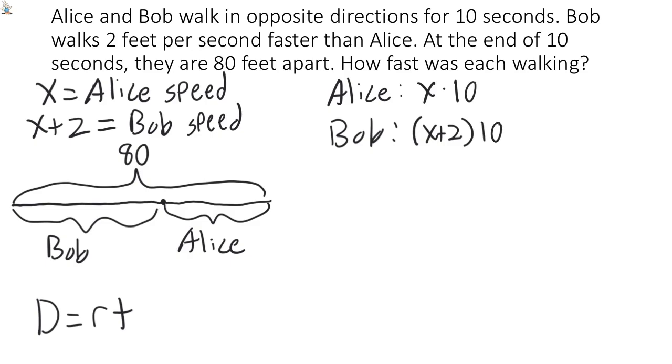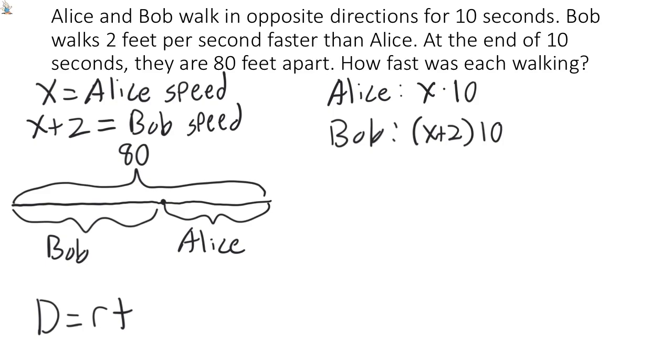Now, how can we relate those to the 80? Well, what we're looking at here is Bob's distance, and what we're looking at here is Alice's distance. Notice if we combine Bob's distance and Alice's distance, that is the same as the whole distance between them, which we know is 80.